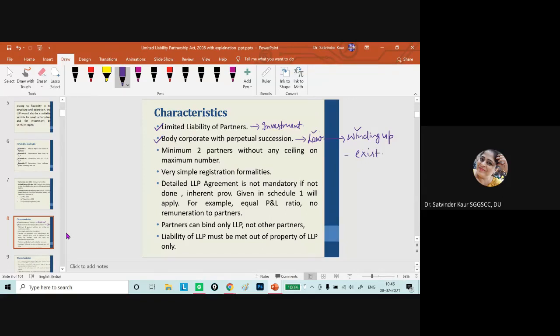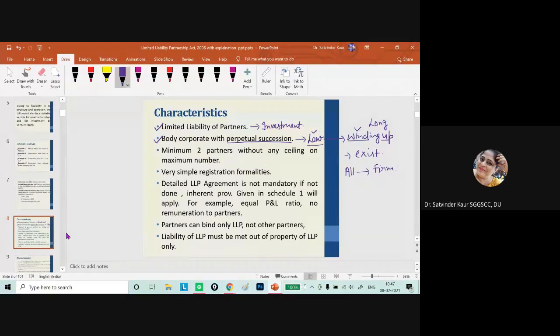In a partnership firm, if all the partners retire or all the partners die except one, the firm will dissolve automatically. But in this case, the limited liability partnership will continue to exist for long. There is going to be perpetual succession of the particular organization.